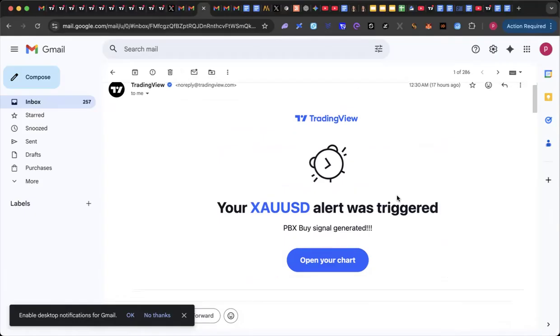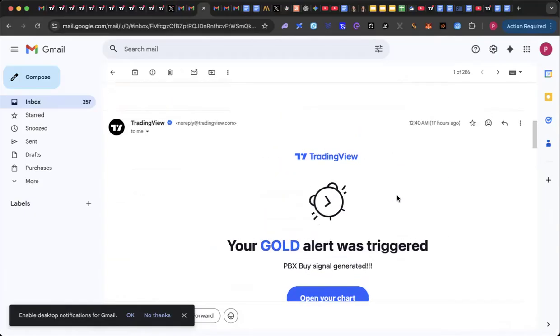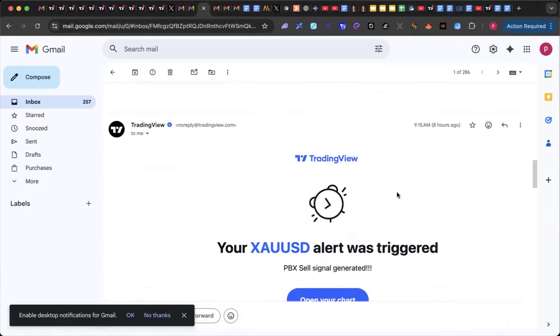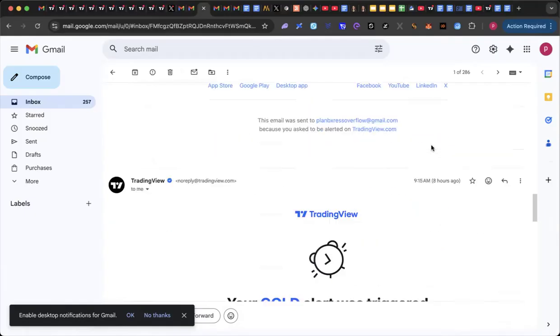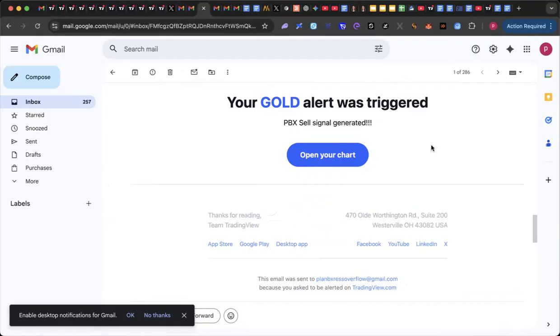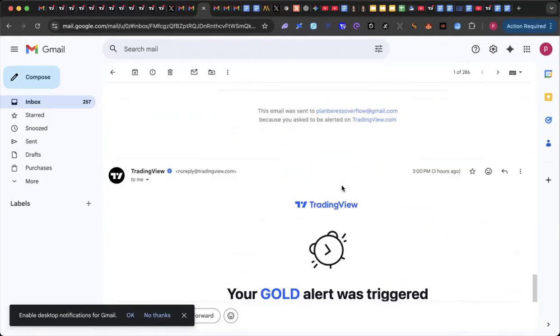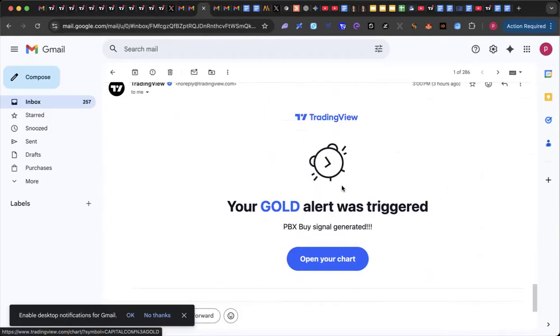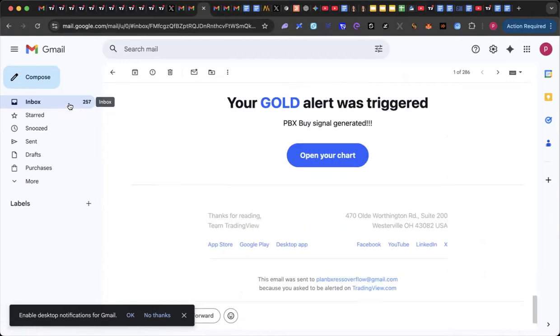That was the first buying. Then another signal, that same signal. Let's see: 9:15 a.m. Then 3 p.m. Maybe re-emphasize it. Can you see that?